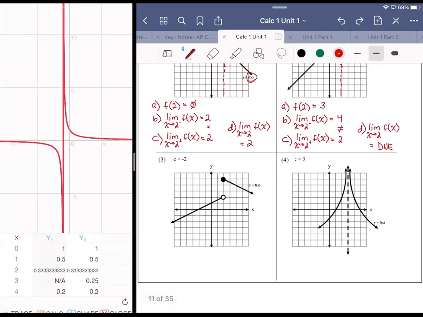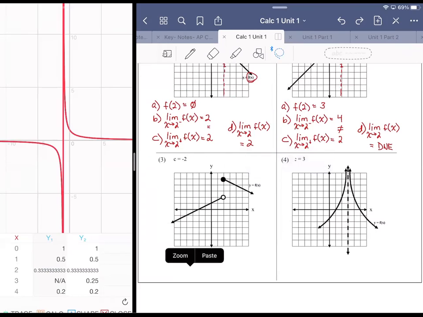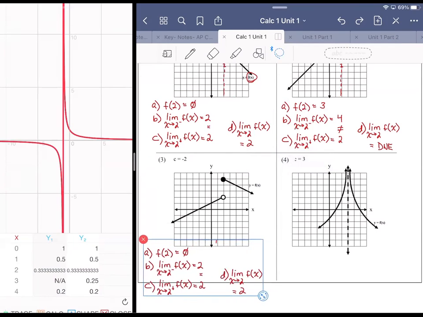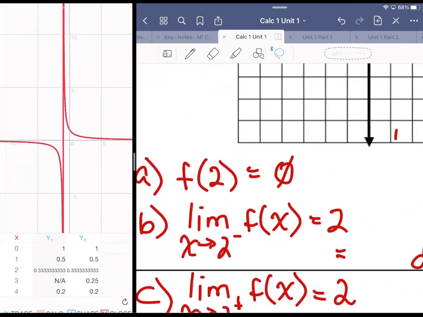Now x approaches -2. I'm going to get a little creative here. Copy, paste. I'll leave the sides the way they are. Bring it in; these should be negatives now.